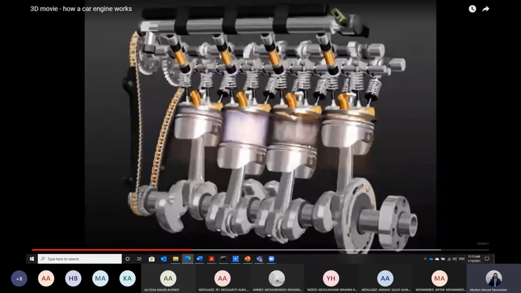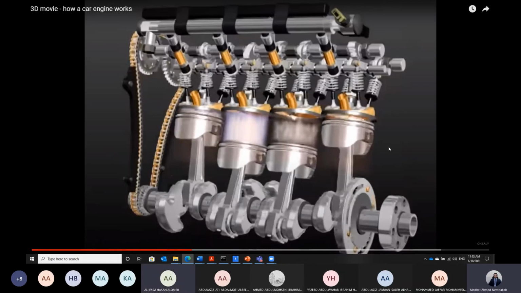But at any time, guys, even when 2 pistons are moving up or down, they are not doing the same stroke. You can look here: this one is doing the compression stroke, and this one is doing the exhaust stroke, but they are moving together. Each 2 pistons move together just to balance the rotation of the crankshaft. Okay, is that clear, guys?